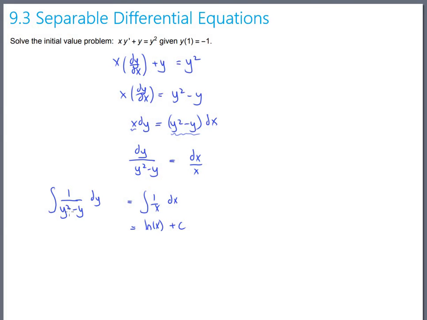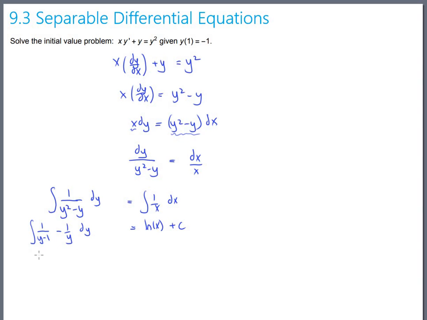And you may be thinking of something you don't want to be thinking of, but it's the right answer. Partial fractions is what we need here. And we know how to do partial fractions. I'm not going to run through the steps of doing partial fractions. I'm just going to jump straight to the answer here and say the partial fraction separation here is 1 over y minus 1 minus 1 over y dy.